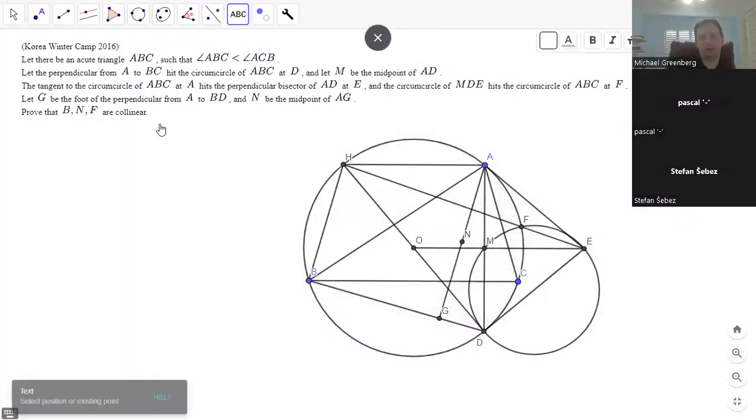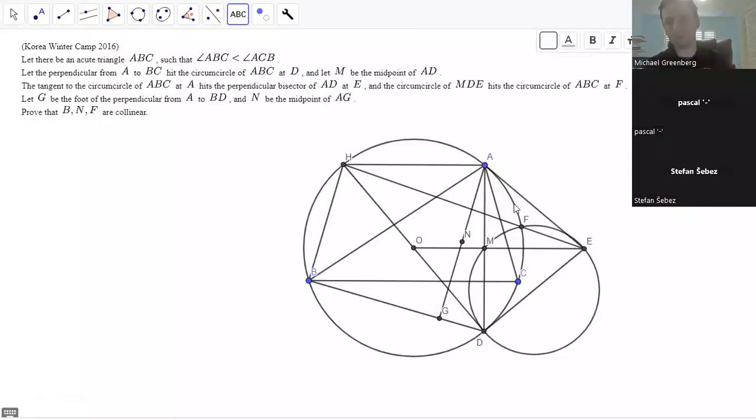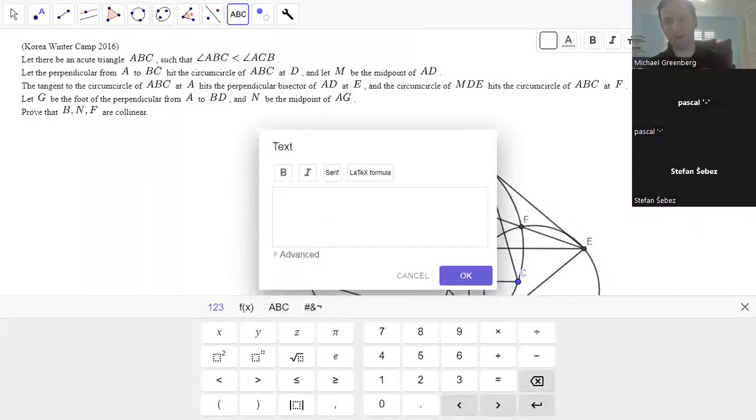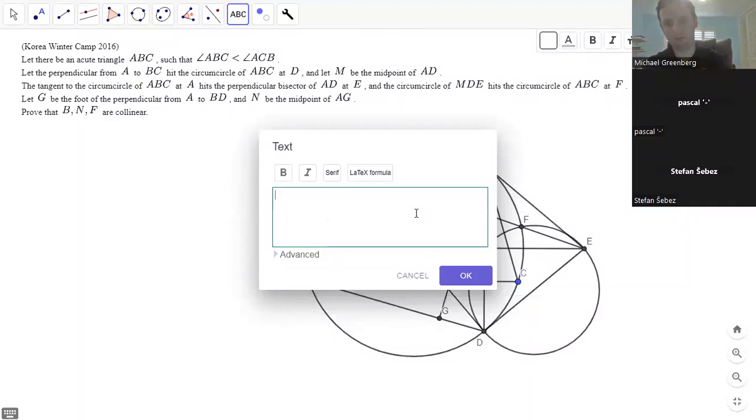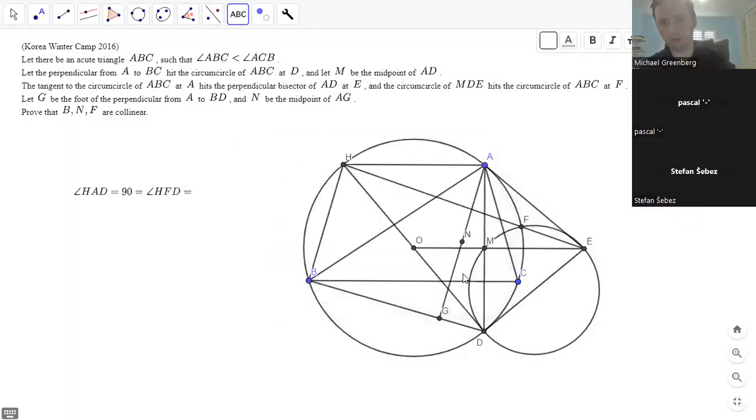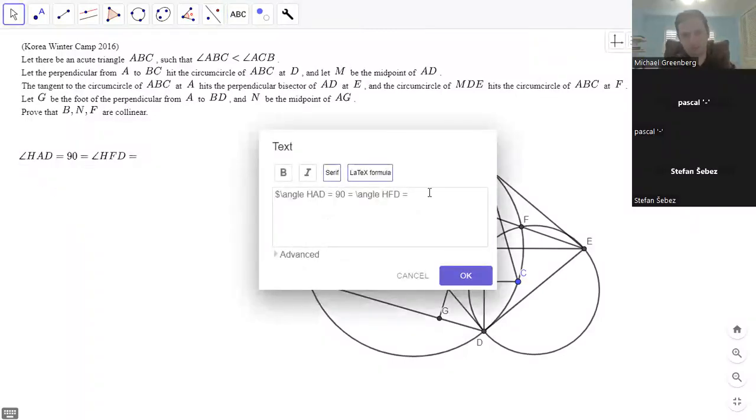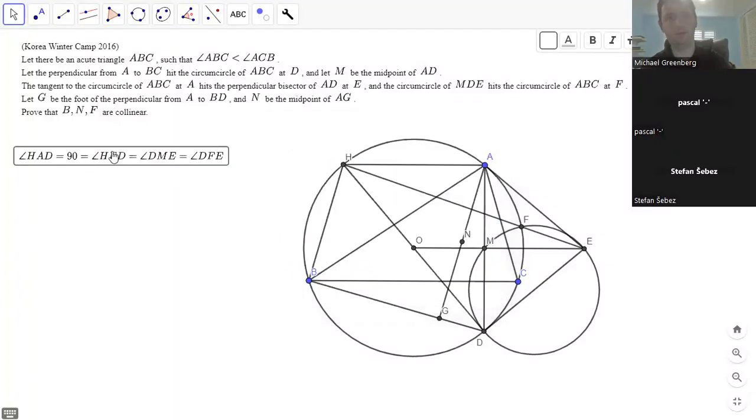Just type it up quickly. So angle HFD is 90, and that's equal to angle DFE. So that means that H, F, and E are collinear.